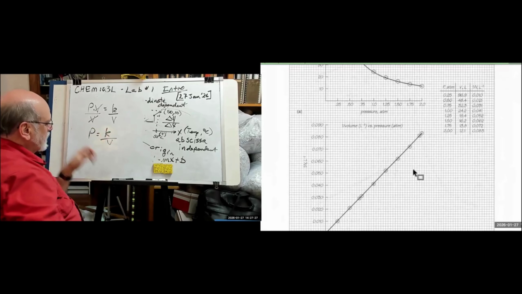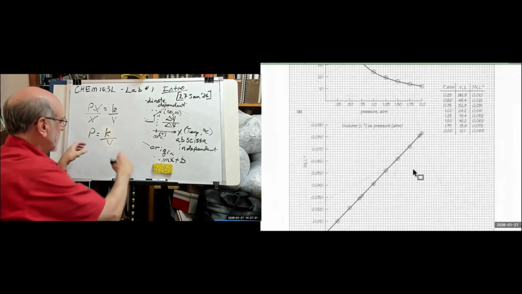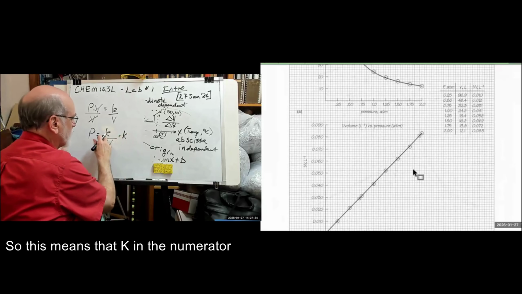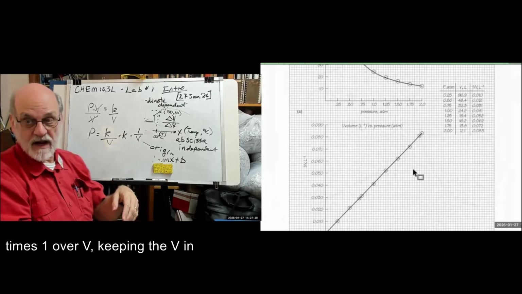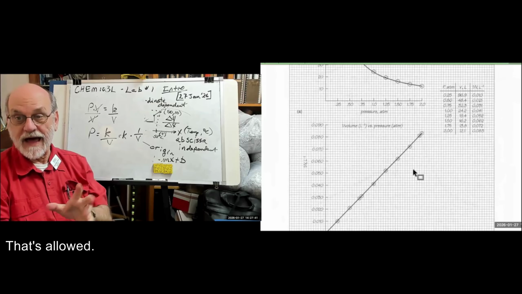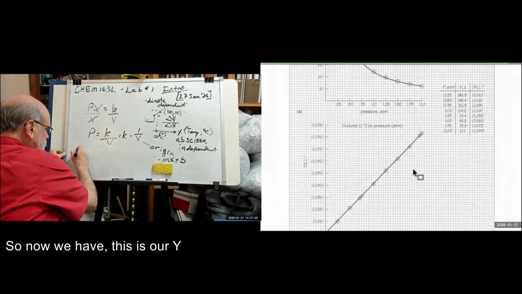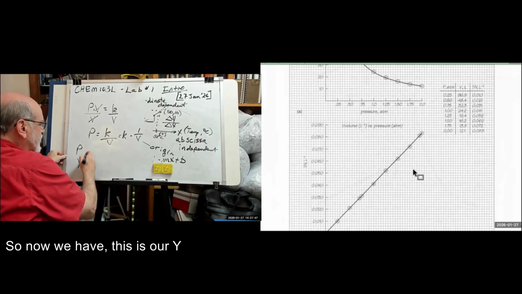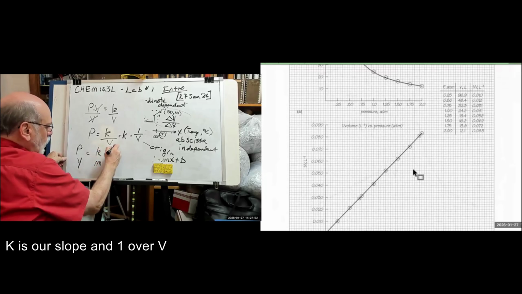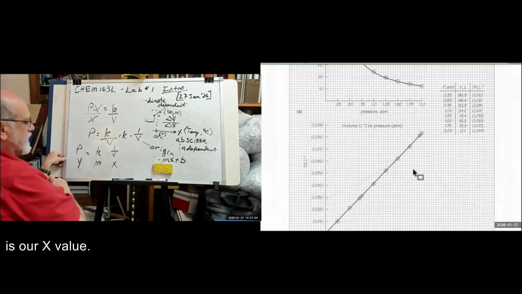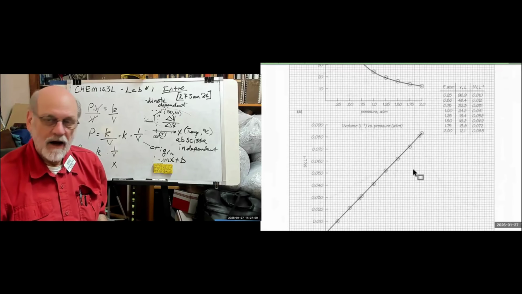This is K over V. Well, I want to use another math trick and split the volume out. So this means that K in the numerator times 1 over V, keeping the V in the denominator. That's allowed. So now we have, this is our Y value, K is our slope, and 1 over V is our X value. Okay, that's our straight line.